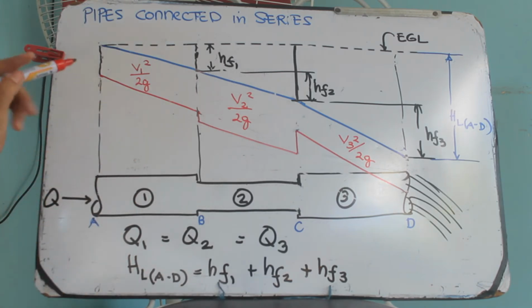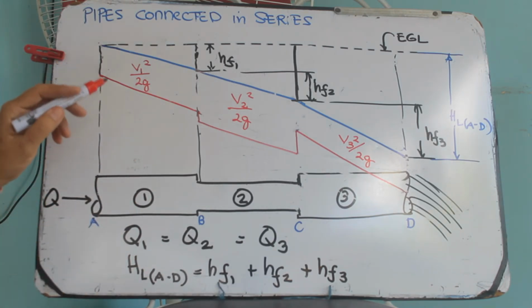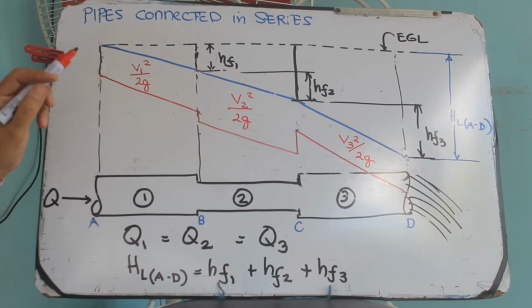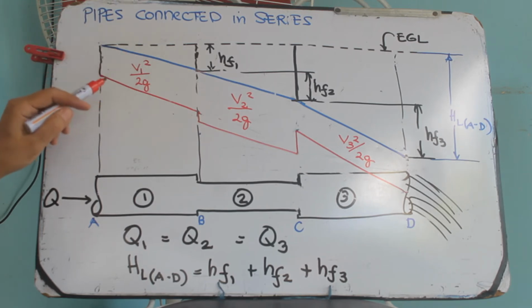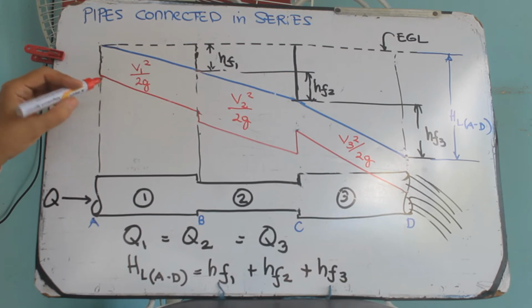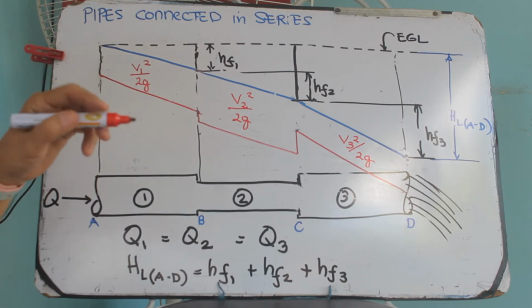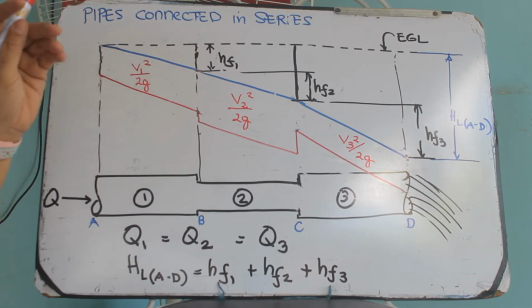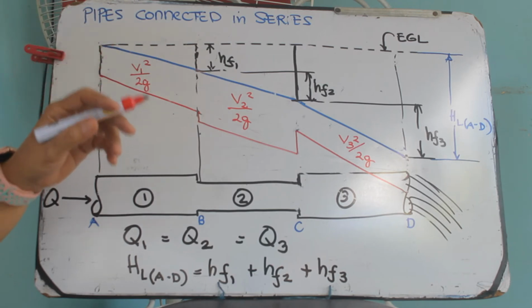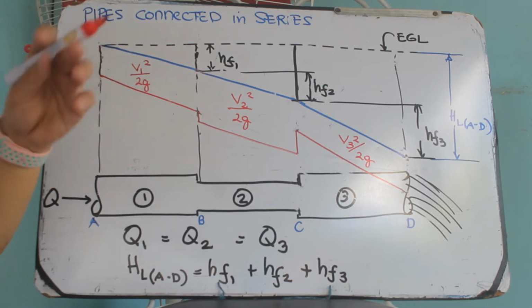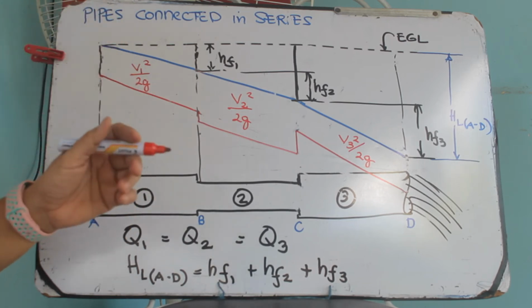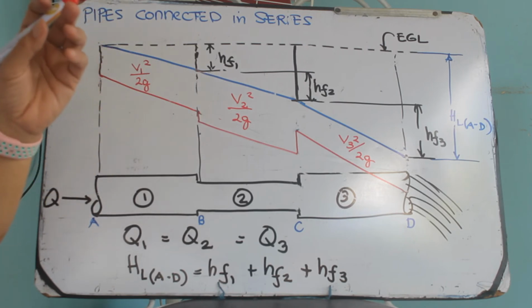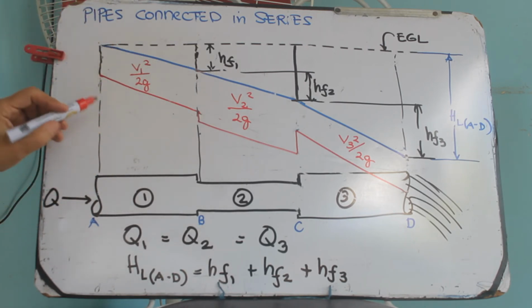Okay, next is the other line that portrays graphically the potential head. The potential head is the hydraulic grade line. That hydraulic grade line has a property: it slopes downward in the direction of flow, but it may rise or drop depending on whether the velocity increases or decreases.